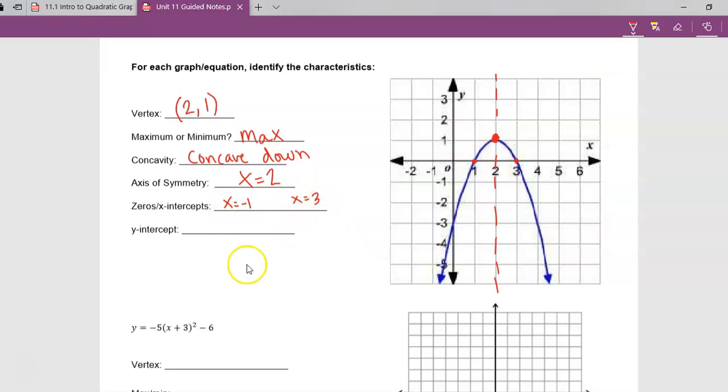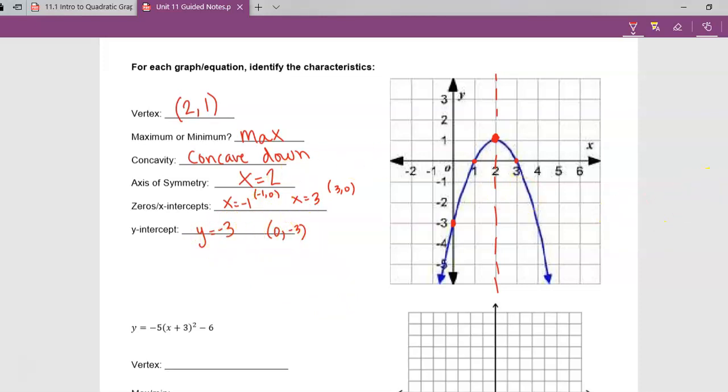You could also list the coordinates, which would be (-1, 0) and (3, 0). Either one works. The y-intercept is where it crosses the y-axis, so this one is crossing at y equals -3. Again, you could put the coordinates (0, -3). Either one, you don't have to do both.